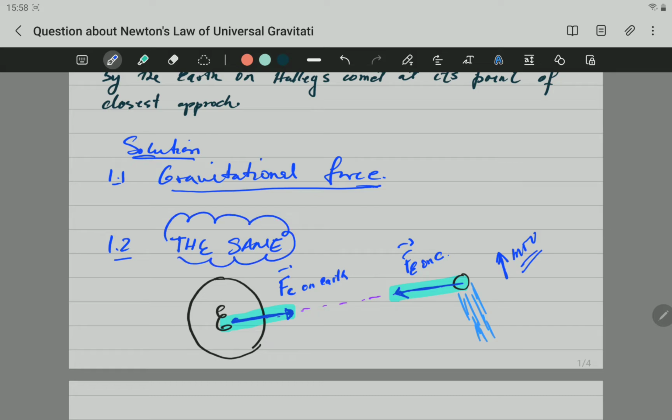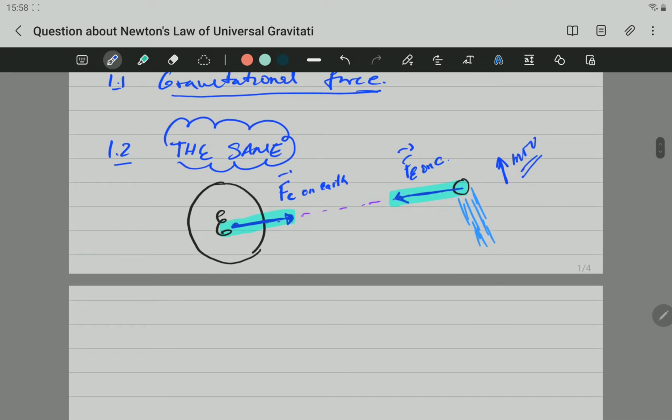To explain this, you have to say that according to Newton's third law, the third law states that the force of object 1 must be equal to the force of object 2 but in the opposite direction. So they have the same magnitude but opposite direction. That is Newton's third law. I hope it is clear.